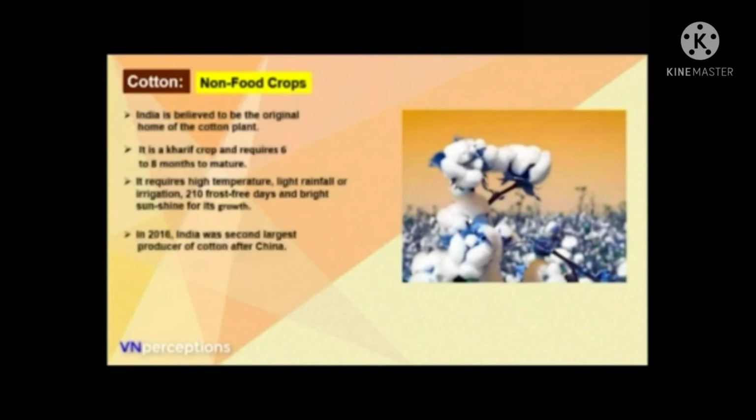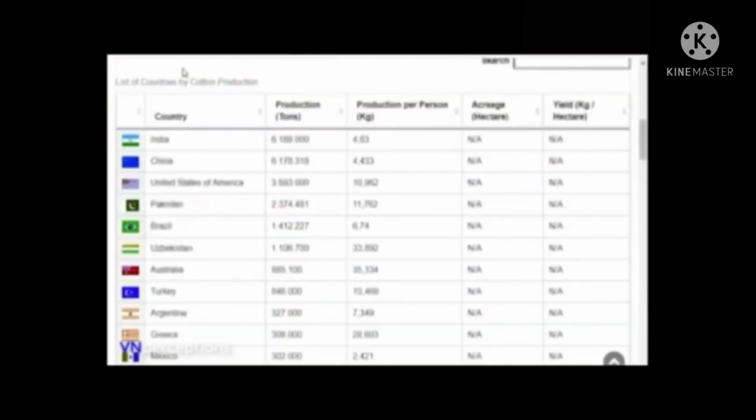In the textbook, the data that is given is for 2016. India was the second largest producer of cotton after China. But right now, the country that ranks first in the production of cotton in the world is India. India is first, China second, USA third, Pakistan fourth, and Brazil fifth.